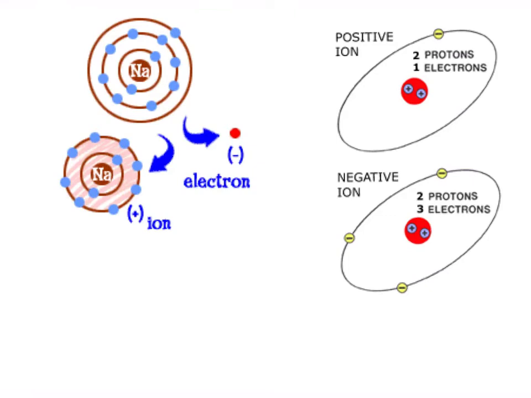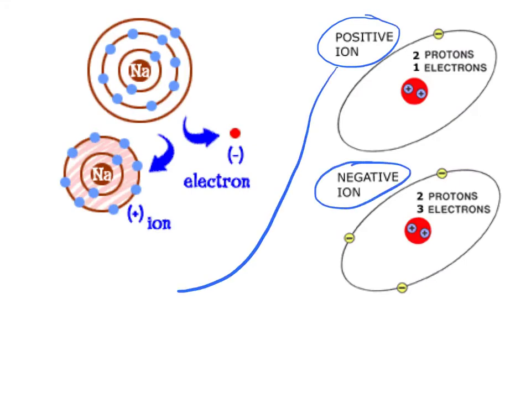So the first way we're going to talk about when atoms bond is an ionic bond. And in order for this to happen, the atoms have to either become a positive ion or a negative ion. Now, metals form positive ions. Metals lose electrons.